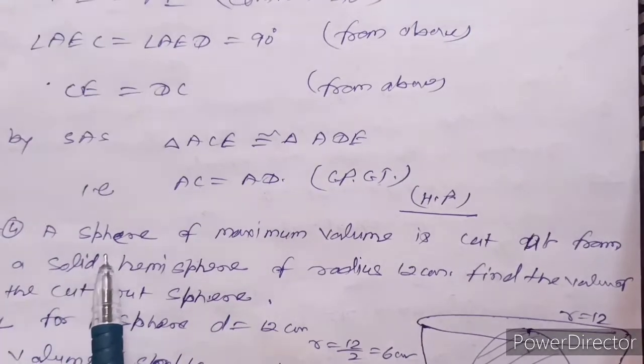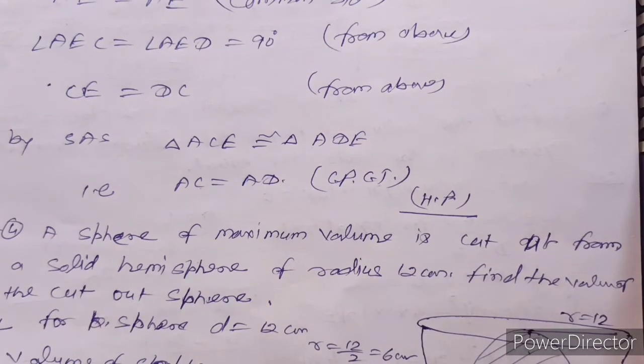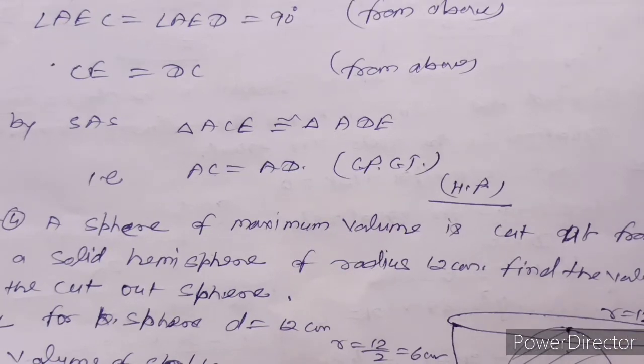In question number 4, a sphere of maximum volume is cut out from a solid hemisphere. The radius is 12 centimeters. Then find the volume of the cut sphere.